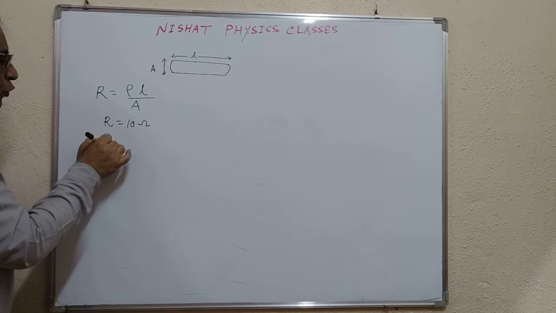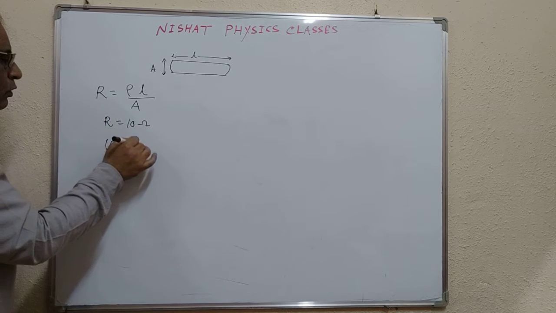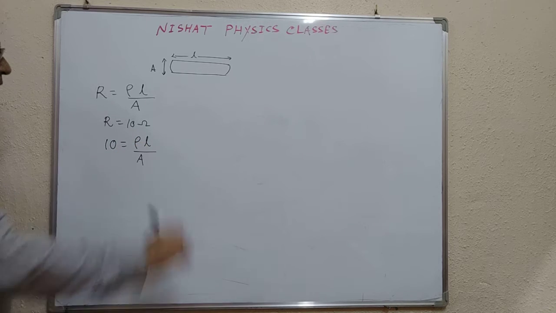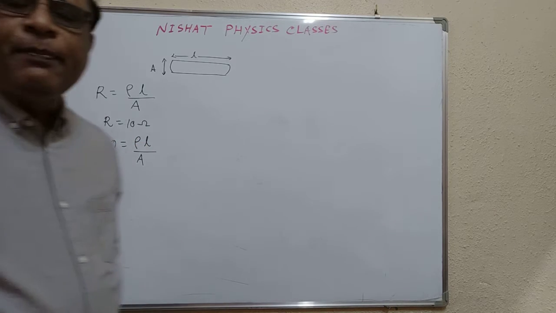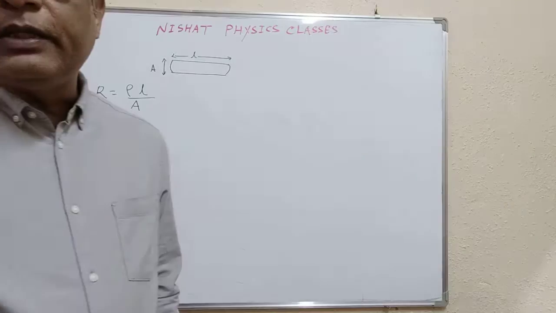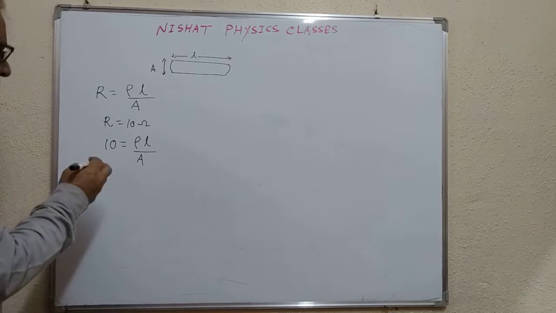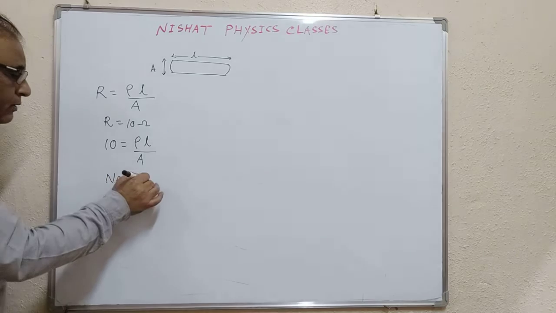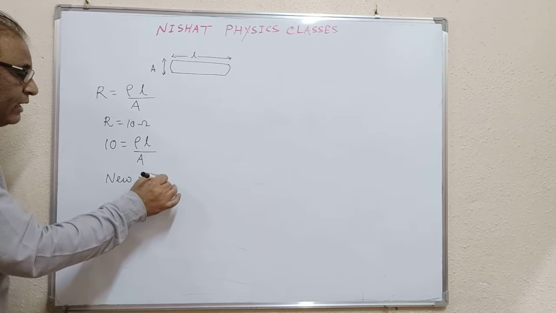So we may write 10 equals rho L by A. What will be the effect on the resistance? New resistance.